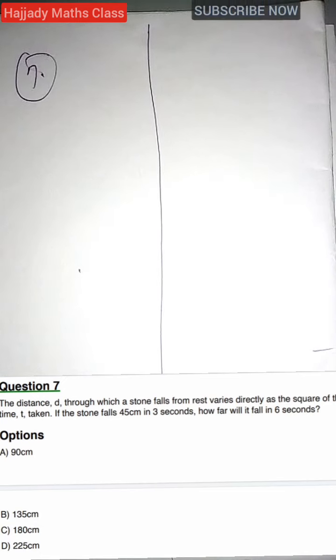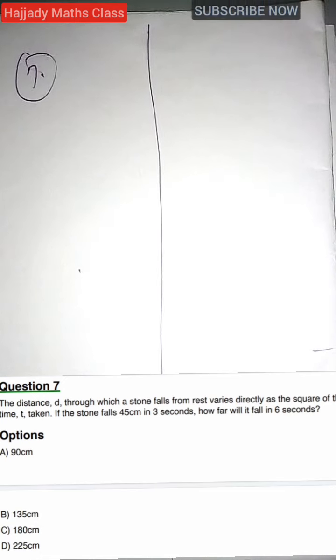If the stone falls 45 centimeters, that is when d is 45 centimeters, your t will be 3 seconds. How far will it fall in 6 seconds? So what will be the value of d when t is 6 seconds?